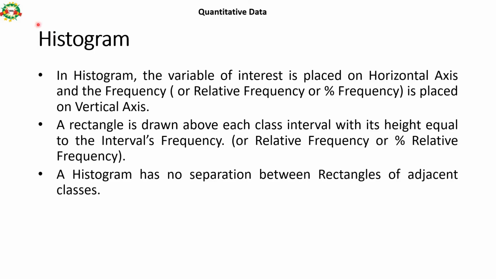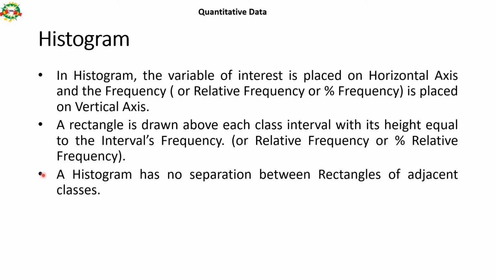So first is the histogram, for quantitative data. In a histogram, the variable of interest is placed on the horizontal axis and frequency is placed on the vertical axis. A rectangle is drawn above each interval with its height equal to the interval's frequency or relative frequency or percentage, whatever may be the case.